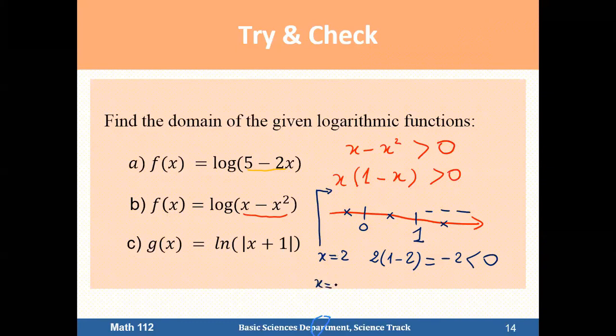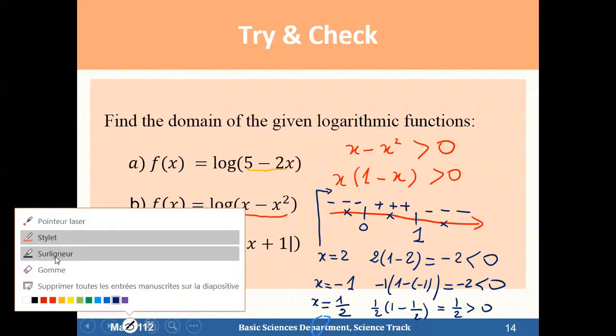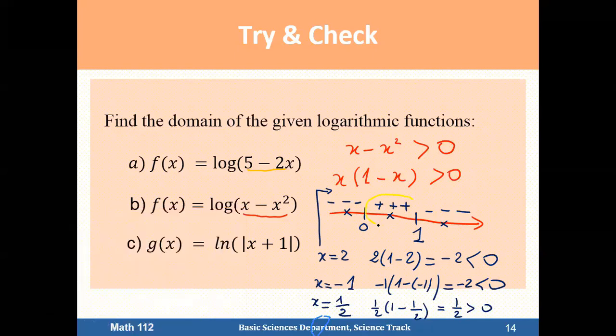تاخذ x equal minus 1 مثلا، minus 1 في 1 minus 1 equal minus 2 is negative. يعني هنا also negative. في النص، 0 إلى 1، إذا نص واحد ناقص نص تعطينا نص positive. يعني هنا plus. واحنا أي جزء ناخذه بوزيتيف. ناخذ البوزيتيف. إذا هنا راح ناخذ فقط الجزء هذا.